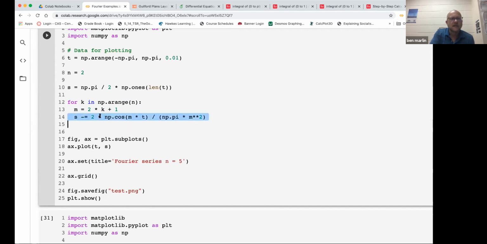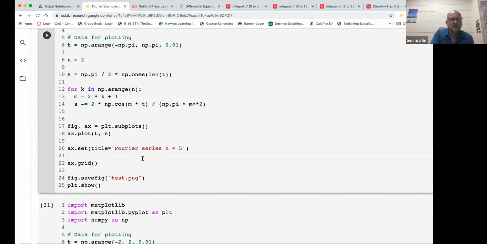I'm going to, on this line here, tell it: take S, which we already defined with that constant there, and subtract from it 2 times NumPy's version of cosine mt, but you have to divide it by pi times m squared, okay?